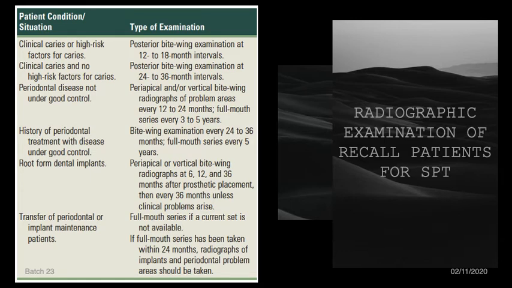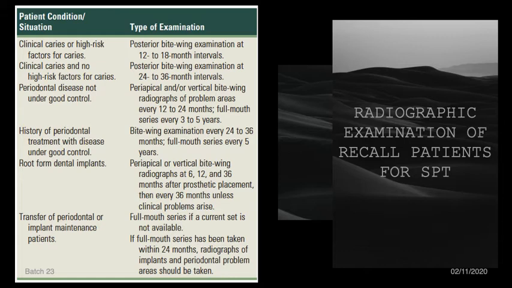If the patient is a periodontal disease patient and under good control, a periapical radiograph should be taken every 12 to 24 months, and a full mouth series of radiographs should be taken once in 3 to 5 years. Or if the patient has a history of periodontal disease with the disease under control, you can extend the frequency of radiographs to 2 to 5 years.